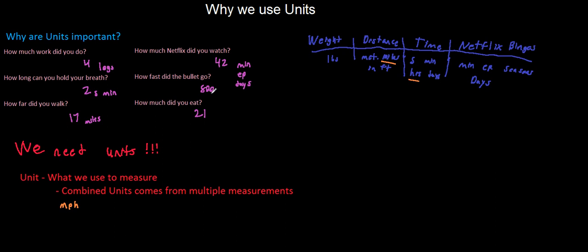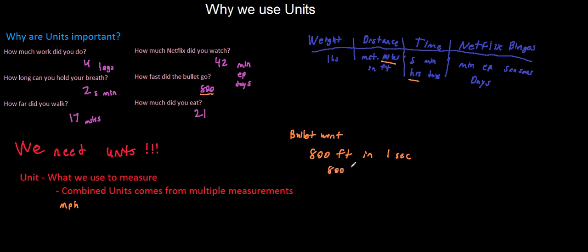So let's look at an example. Let's go back to this 800. How fast did the bullet go? Well, it went 800. Well, 800 what? Let's say the bullet went 800 feet in 1 second. So over a period of time of 1 second. What does that mean?